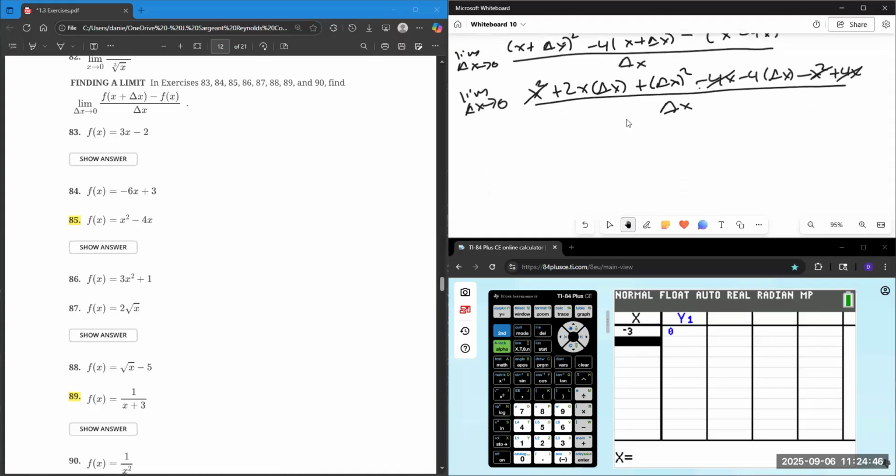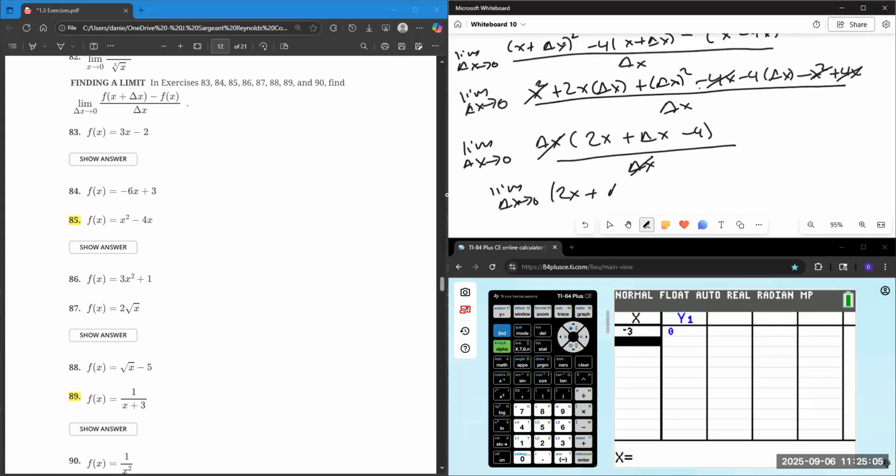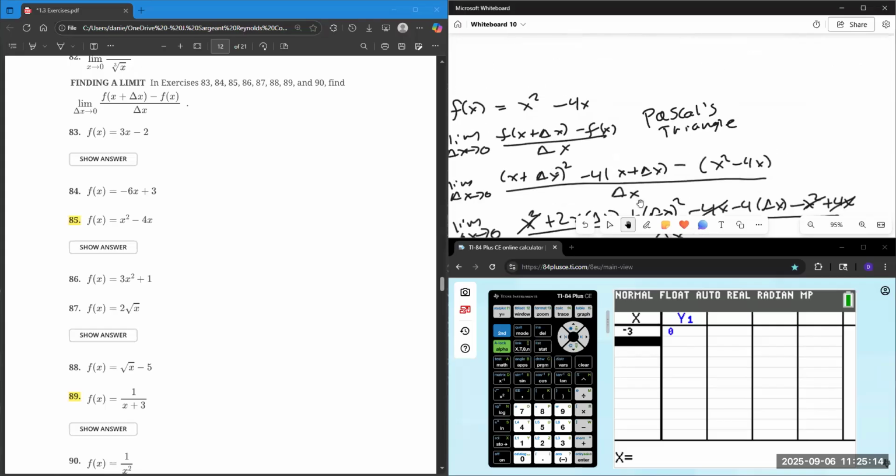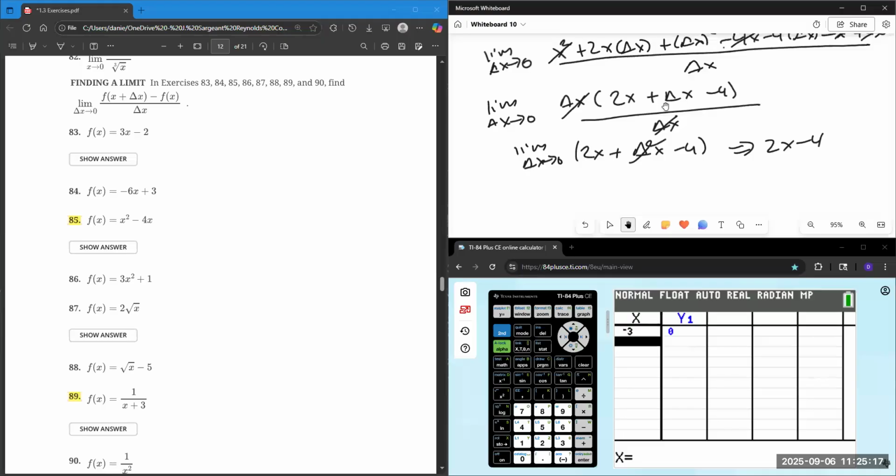So that leaves me with a common factor of delta x in the numerator. I'm going to factor that out and get 2x plus delta x minus 4 over delta x. Delta x's will cancel. This will give me the limit as delta x goes to 0 of 2x plus delta x minus 4. The delta x is going to 0, leaving me with 2x minus 4. Take a look at my original, and that is correct.